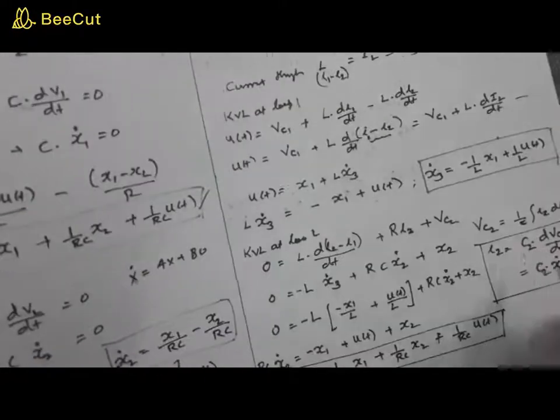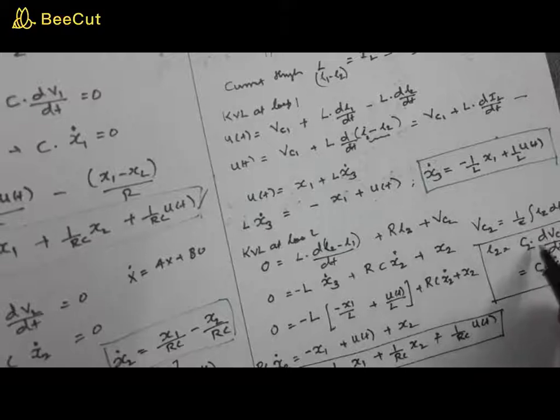So there is a correction. I2 is C2 into dVC2. So that will be C2, C2, C2, RC2. Okay, so this will be RC2.